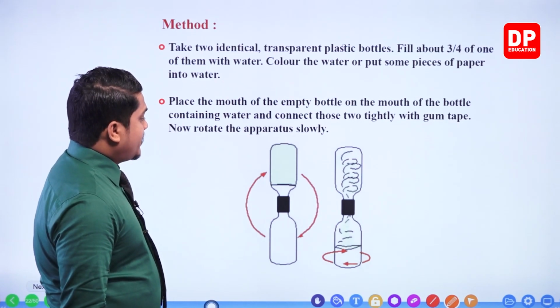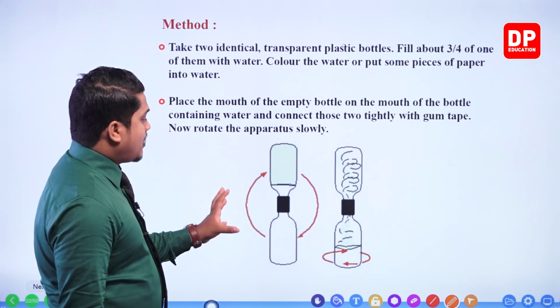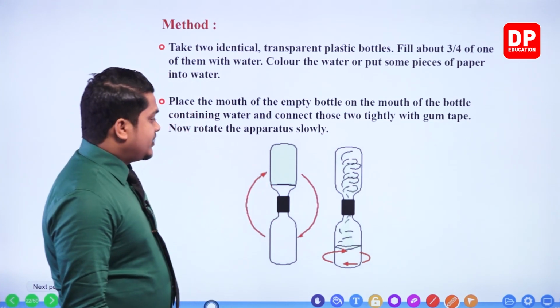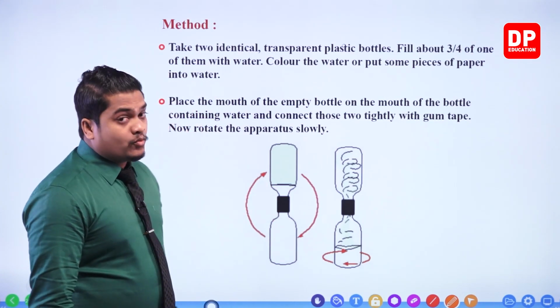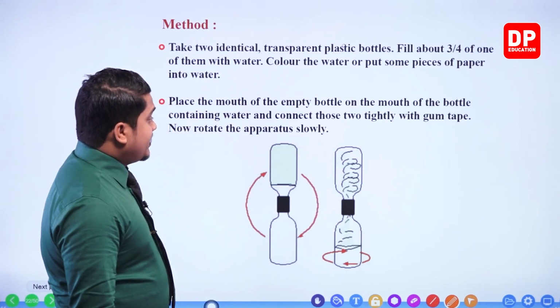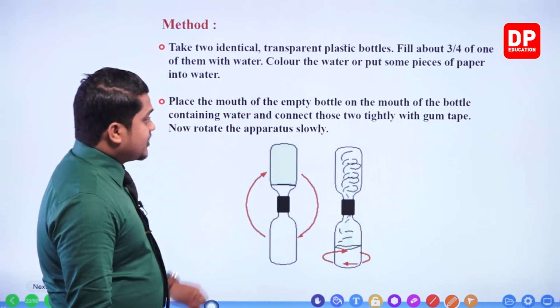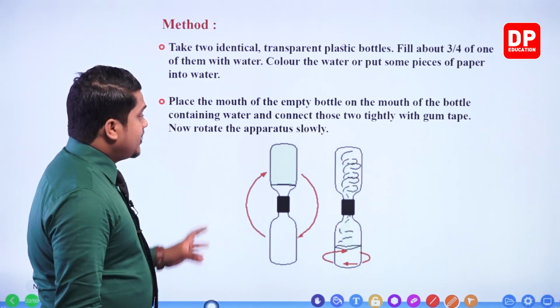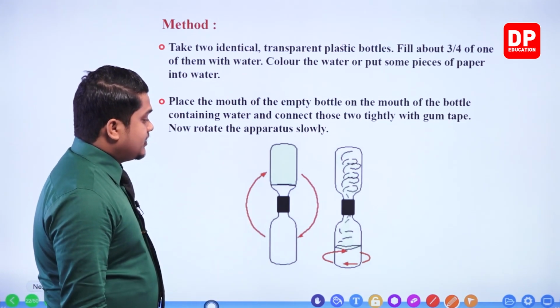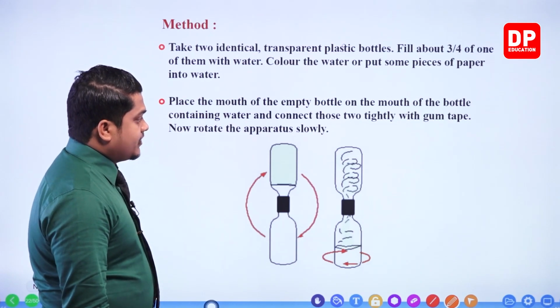So, my dear children, you have to place the mouth of the first bottle against the second one, which contains water. Then wrap it with gum tape or cello tape, and rotate the apparatus slowly like this, according to the figure.